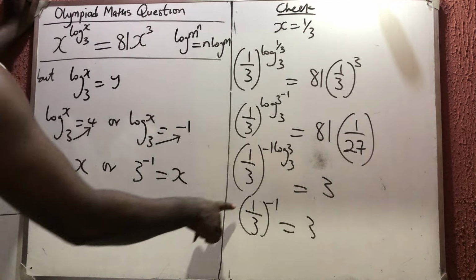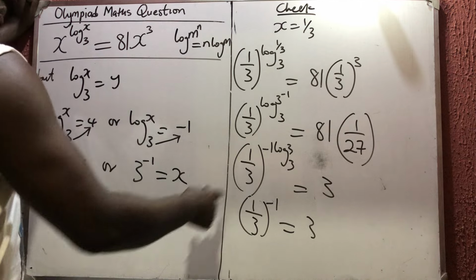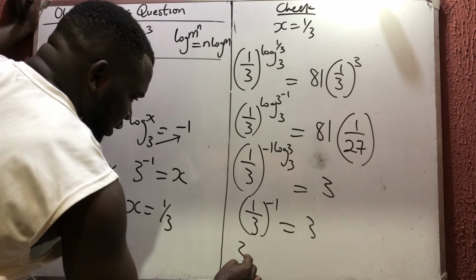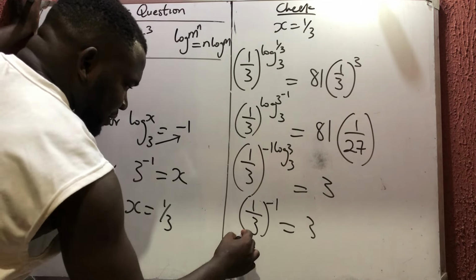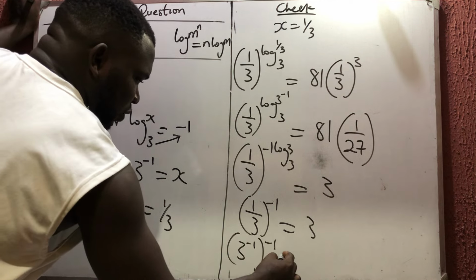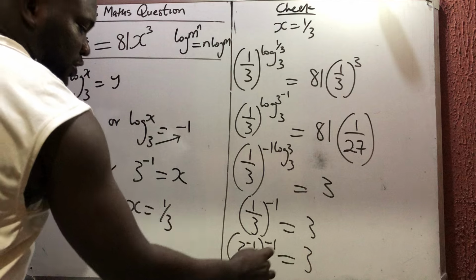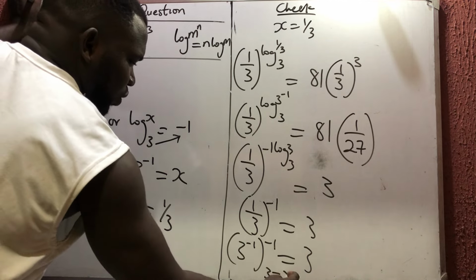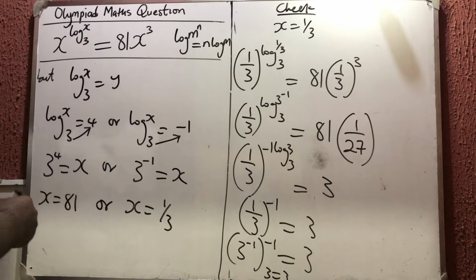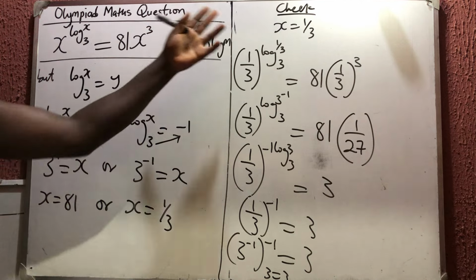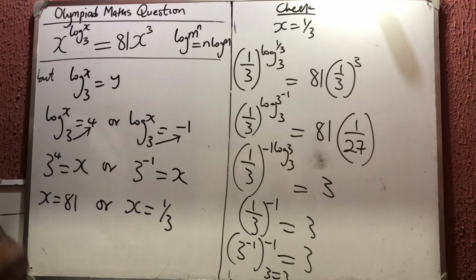Like I told you before, if you want to swap this, the power is going to be negative. So this is 3 raised to power minus 1 for the one inside, then multiplied by another minus 1, is equal to 3. This time minus times minus is plus. So we're having that 3 is equal to 3. So the left hand side is equal to the right hand side. Therefore, x is equal to 1 over 3 is part of the solution.